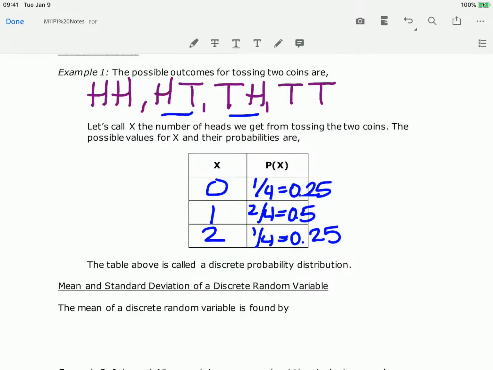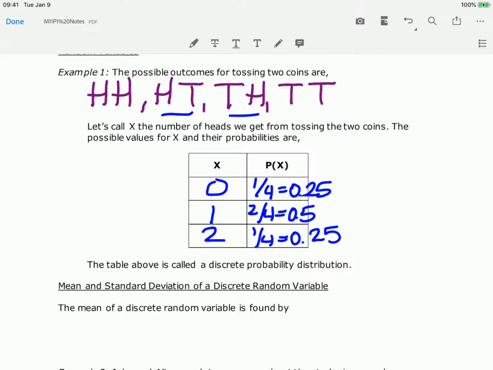So what I've created right here is a discrete probability distribution. It's discrete because the values of x over here, the 0, 1, and 2, are discrete values. I couldn't have half of a heads, or 0.579632712 heads. I could have 0 heads, 1 head, or 2 heads.